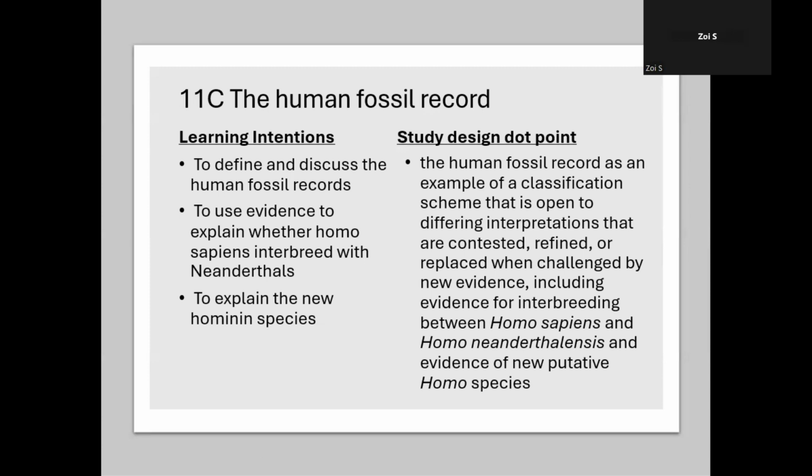We don't have a clear picture to outline a clear evolutionary relationship between the different hominins that we've discovered. All we can do is create interpretations based on information about how old the fossils are, where they were found, and what other information we can find along with them. So that's why it is open to differing interpretations.